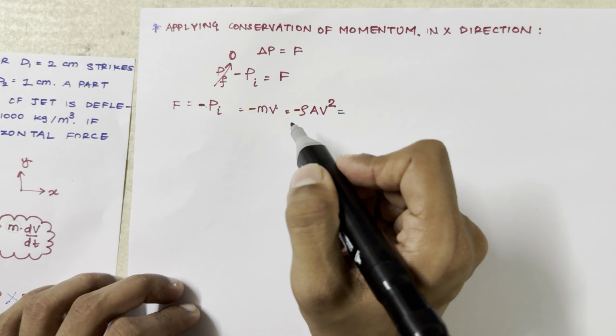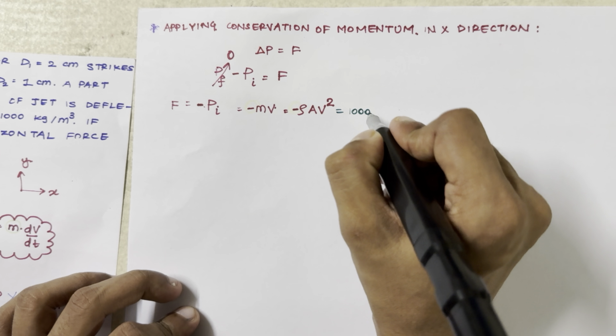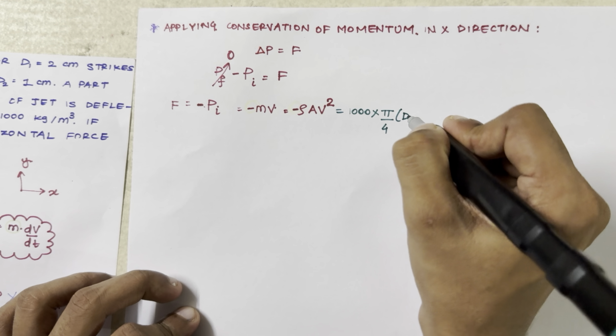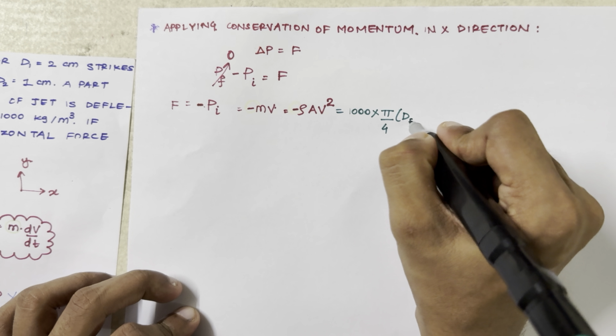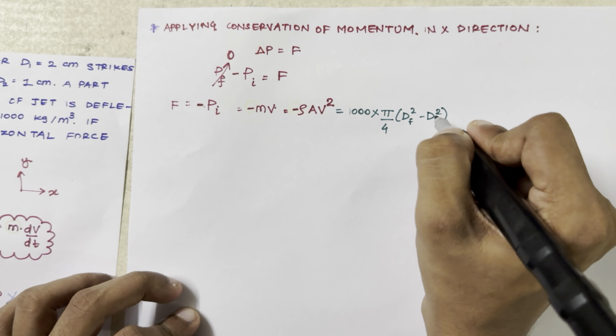In the calculation, we have density as 1000, area is pi by 4 into (df squared minus di squared), and later I will explain the significance of df and di.